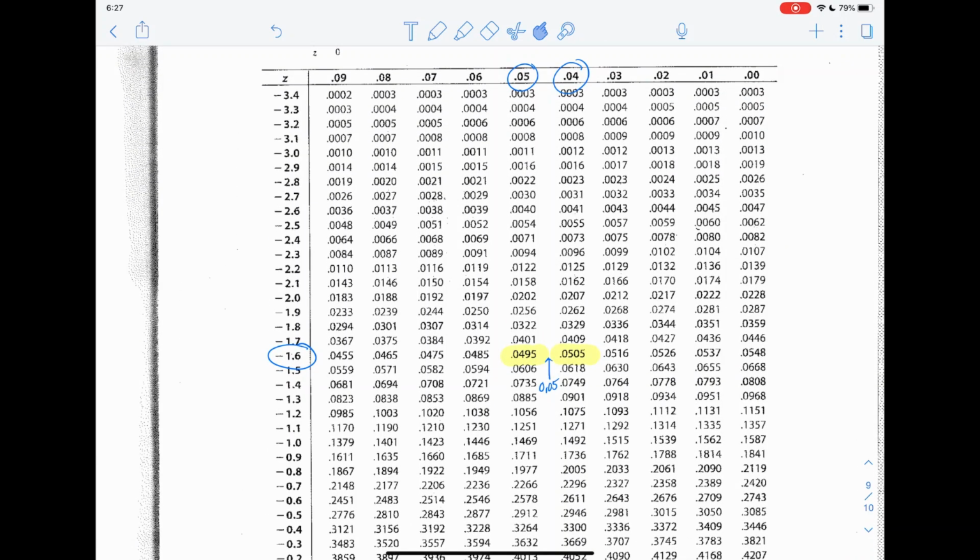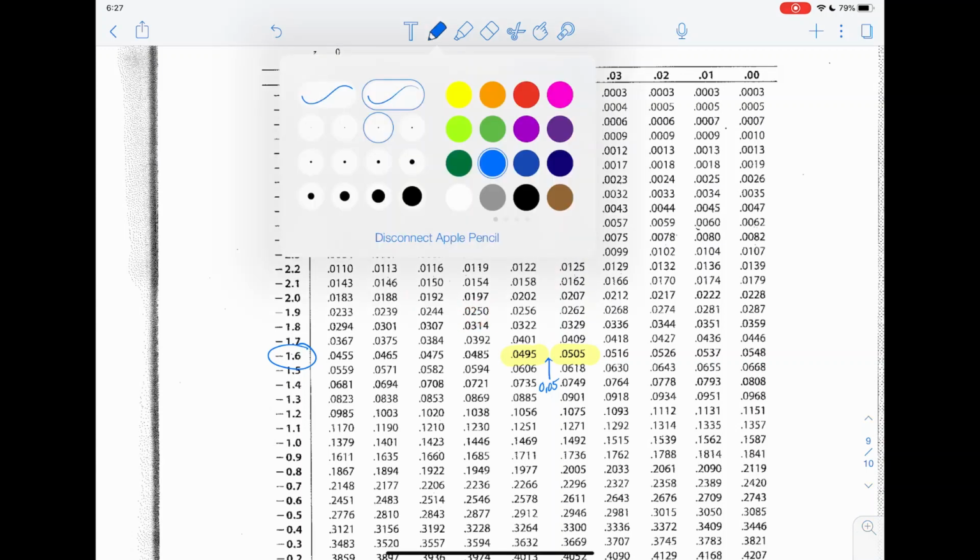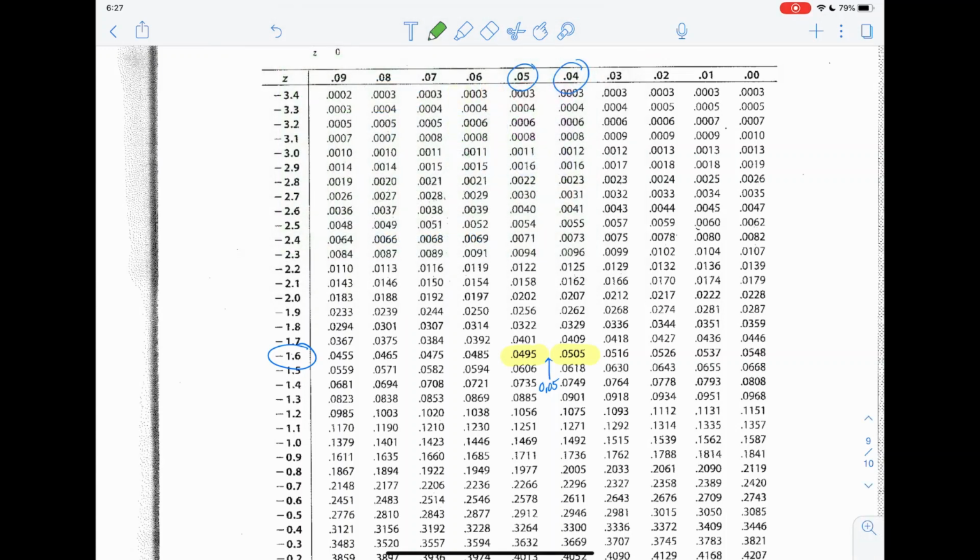And we see we're almost there. If we start looking, we want 0.025. There it is, right there. So we'll use a slightly different color, maybe green. 0.025 is right there. And so that's going to correspond to negative 1.96.